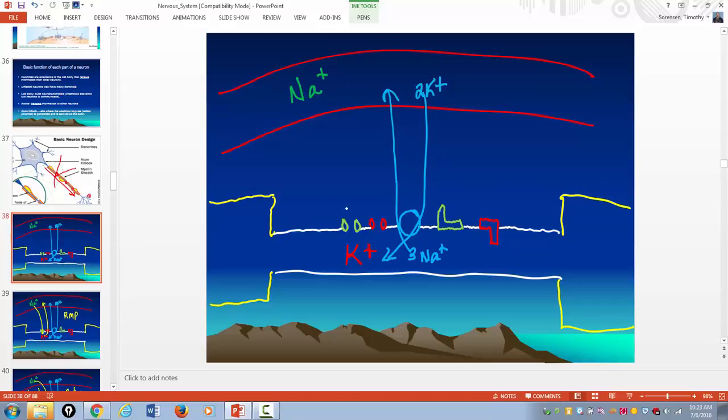So embedded in the node of Ranvier are these little protein channels called, you're not going to believe this, sodium ion leak channels. And because sodium is highly concentrated in the blood, it wants to go from high concentration in the blood to low concentration in the cell. And the only way that it can do that is by going through a sodium ion channel.